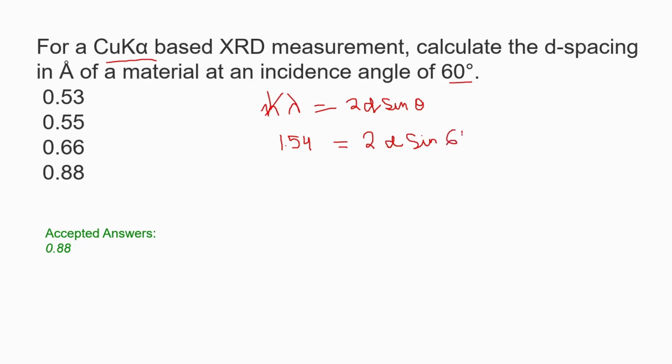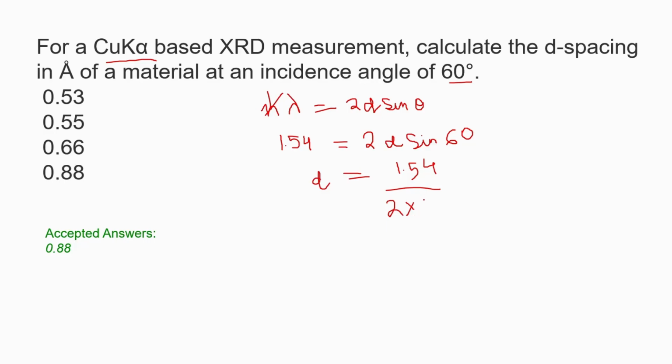So d will be exactly 1.54 divided by 2 sine 60 degrees.